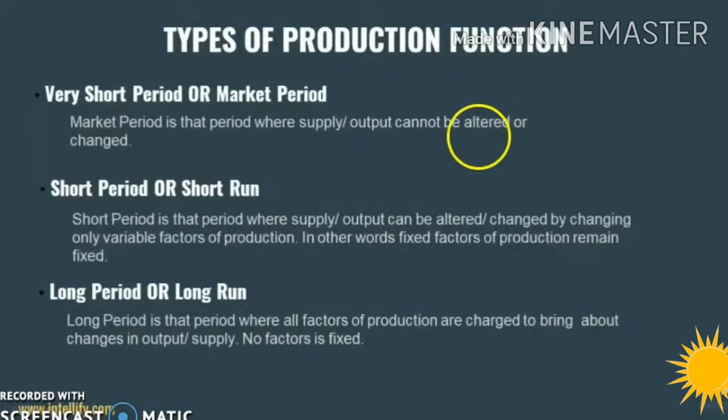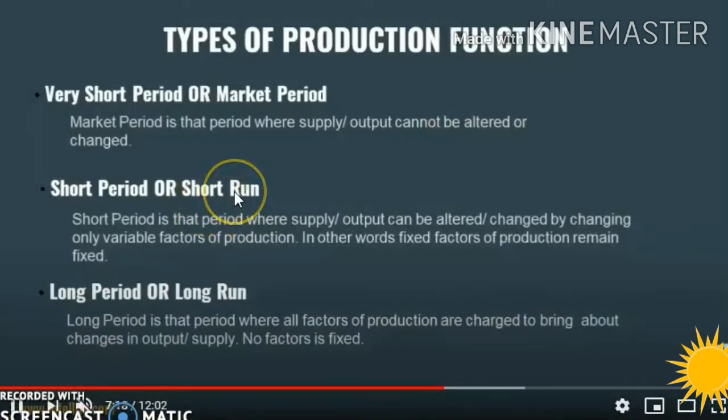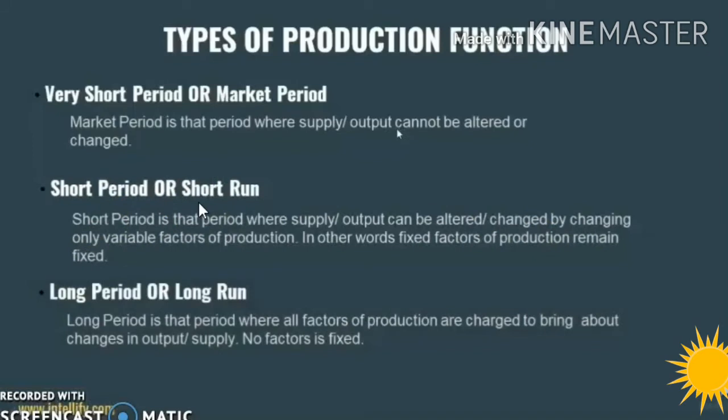Next, the short period is that period where supply output can be altered by changing the variable factor of production. In other words, the fixed factor of production remains fixed. In the previous table, capital is fixed and the variable factor is labor.